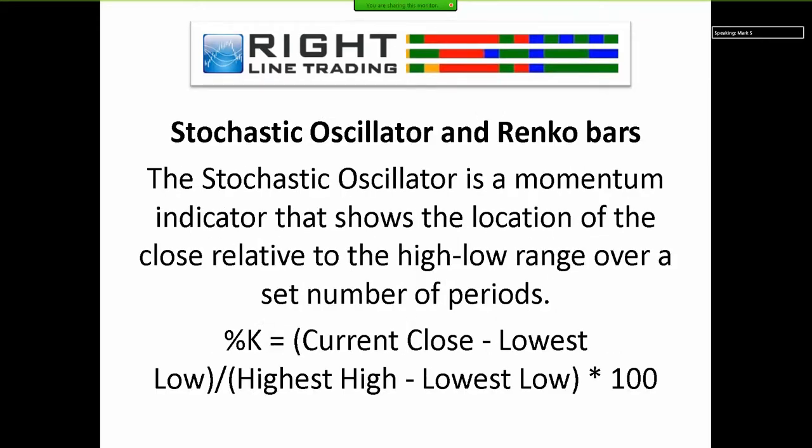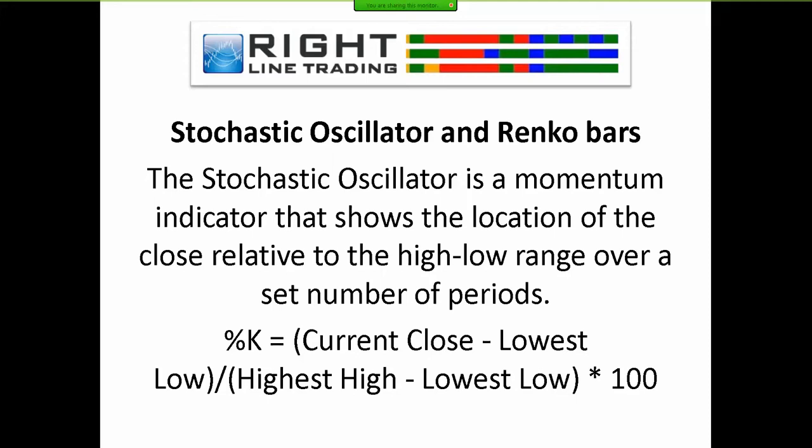I just really want to start off by saying it's really important that each of you out there understands what each indicator does. Everybody knows that a stochastic oscillator traces out a line that tells you overbought and oversold conditions.